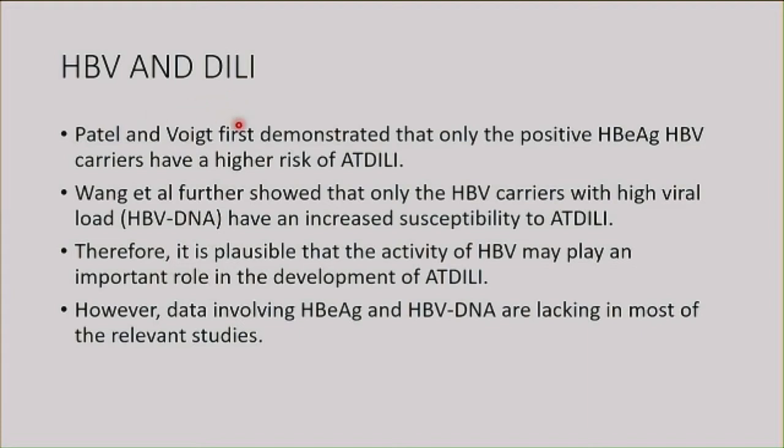Patel and Foyk first demonstrated that only HBsAg-positive HBV carriers have a higher risk of anti-tuberculosis DILI. And the other research by Wang also showed that only HBV carriers with high viral load HBV DNA have an increased susceptibility to anti-tuberculosis DILI.